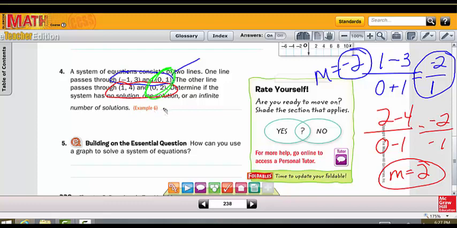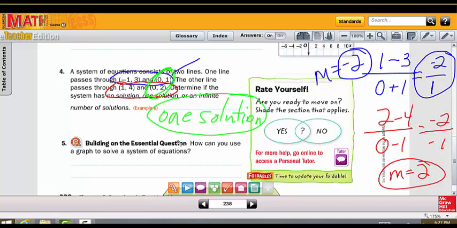Therefore, we must have one solution. Remember, that's all they were asking us to do, is answer the question: are we looking at a system of equations with an infinite number of solutions, one solution, or no solution at all? And because they have different slopes and different intercepts, we know that that is one solution.